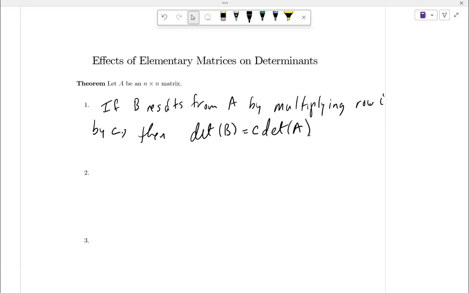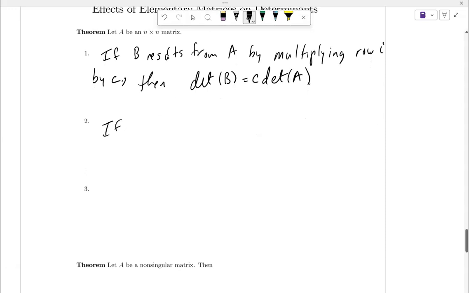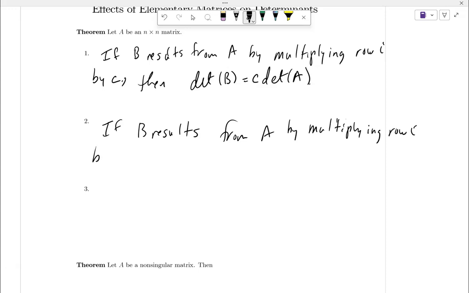Number 2, if B results from A by multiplying row i by c and adding to row j, and replacing row j, what does that do to the determinant?